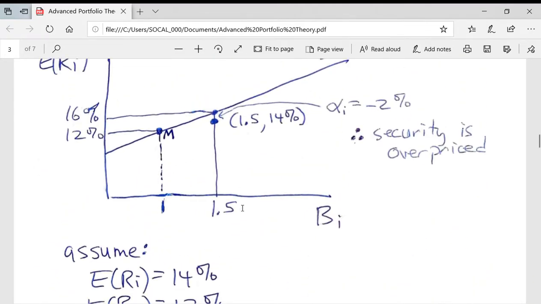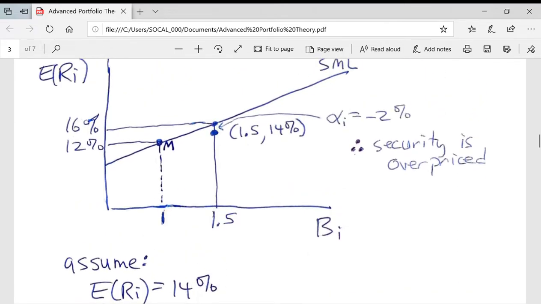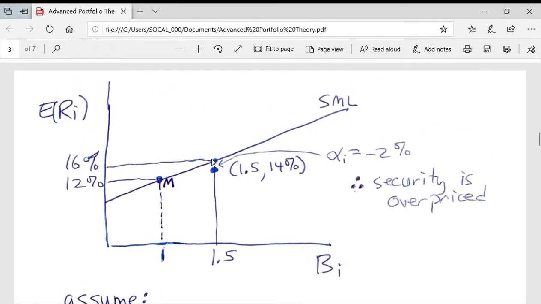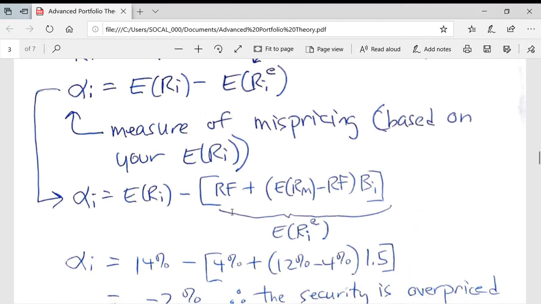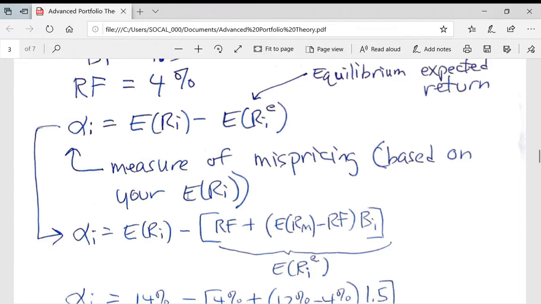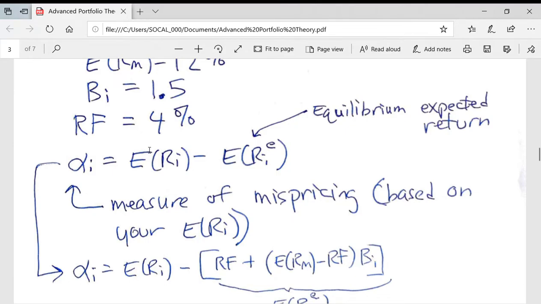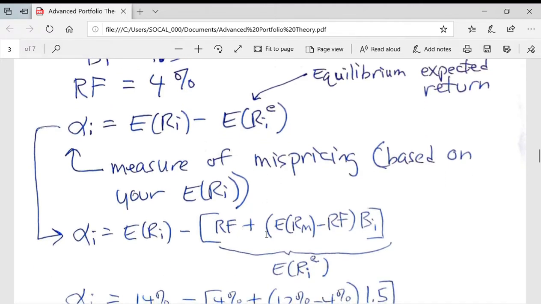In this example with these assumptions, if the stock had a beta of 1.5, we see that the equilibrium expected return would be 16%. So if you plug these values into the formula for the capital asset pricing model, you'd get 16%. When we're showing the alpha as being the difference between the expected return on stock I and the equilibrium expected return, down here the equilibrium expected return is the SML or the CAPM: risk-free rate plus expected excess return on the market portfolio times beta.